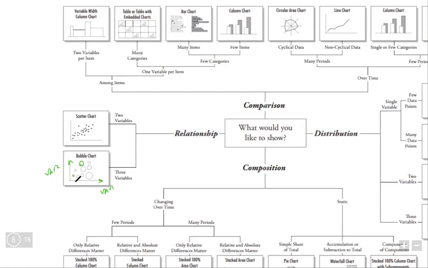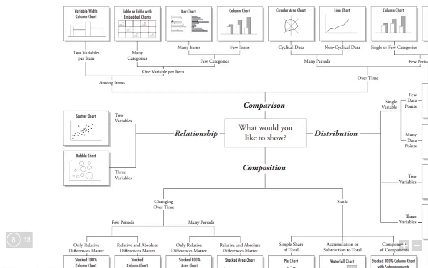The small bubbles show small values, large bubbles show large values. And you're going to give a scale that, you know, the area of the bubble is obviously related to the value of that quantity you're trying to represent. So by adding the size to those data points, you create a bubble chart and you represent three variables.